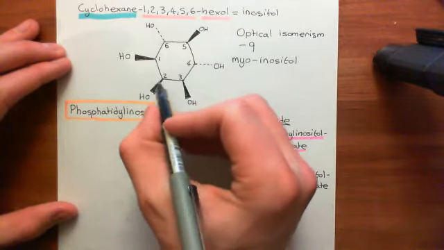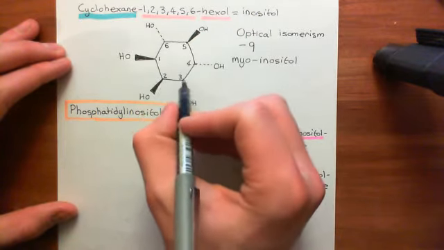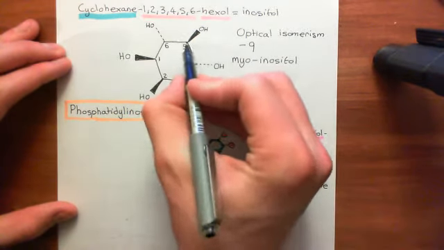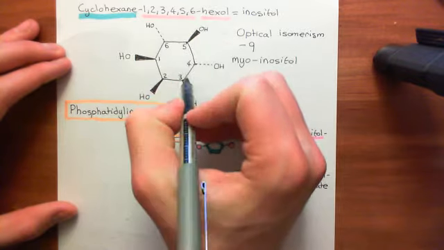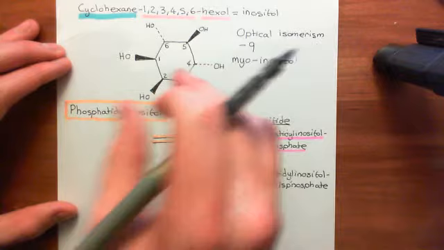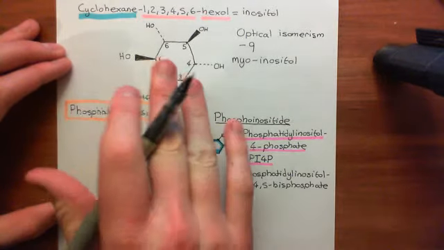But this other carbon will have its alcohol group going in the same direction as yourself. So the third carbon and the fifth carbon are subtly different. This is not a rotationally symmetrical molecule. So bear that in mind.